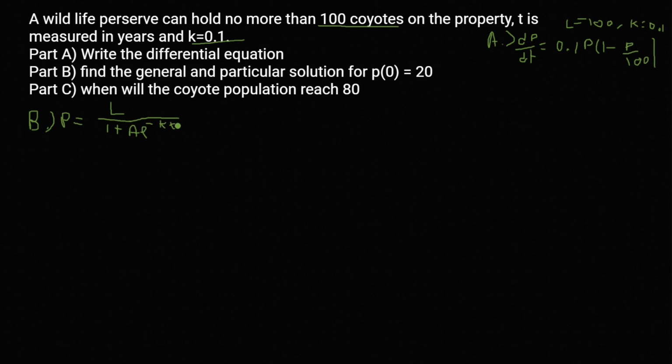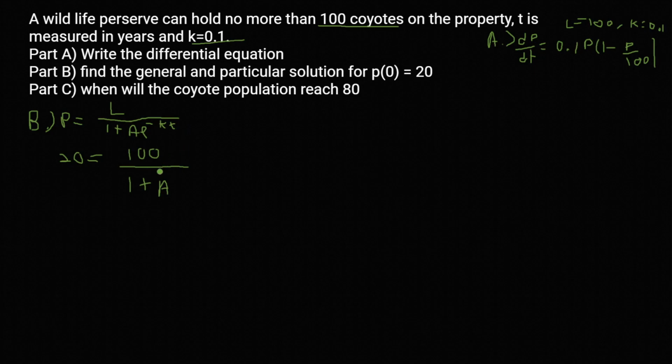But now to actually substitute in these values. So we know that at t equals 0, the population is 20. So we have 20 is equal to the carrying capacity, which is 100, over 1 plus A. We don't know what A is. And then we want e to the negative kt, but t is equal to 0, so it's just going to be e to the 0, which is 1.